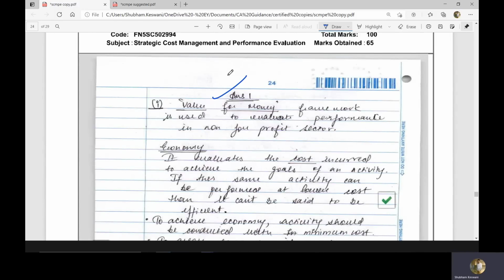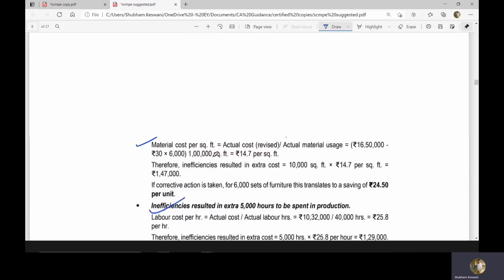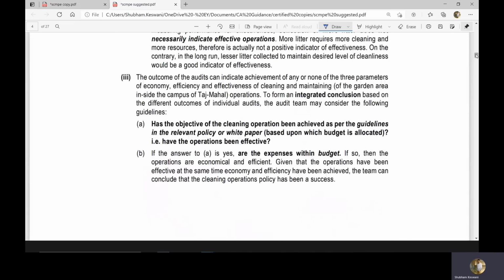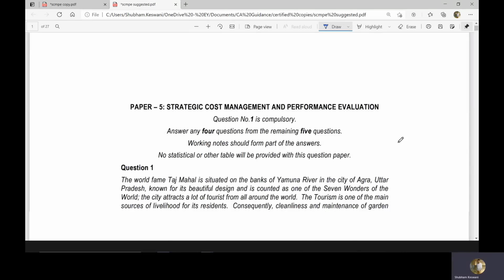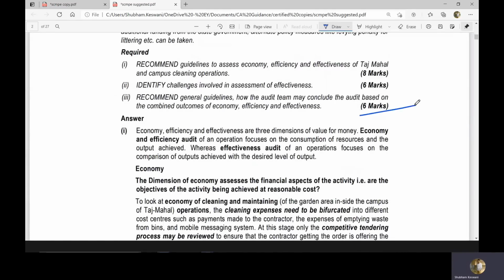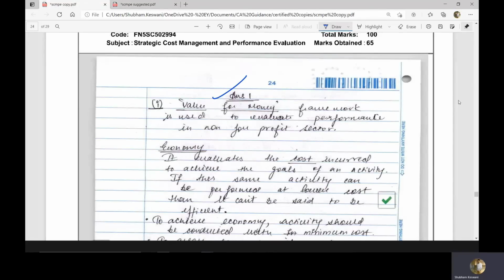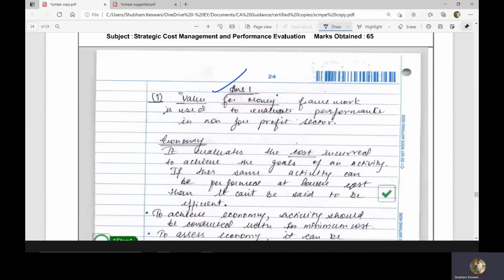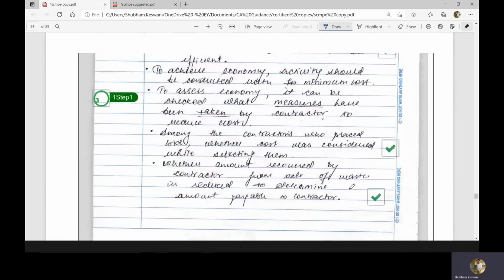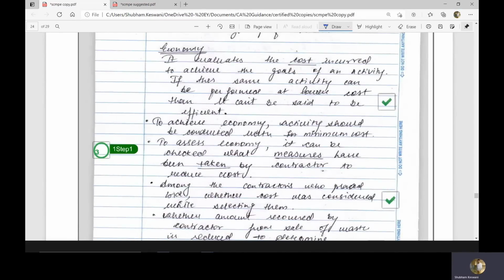Now comes the answer one. I don't think I will be able to discuss much here because this was something that I attempted impromptu, though the question was again from the ICI study material only, similar to the one there. It is a 20 mark question. Now you can see, prima facie, the answer that I have written doesn't look like I am writing nonsense here.